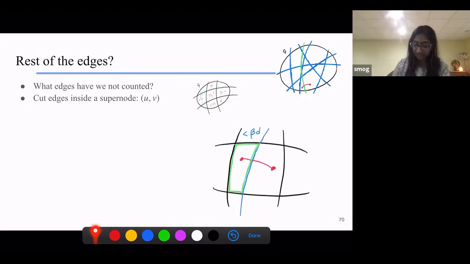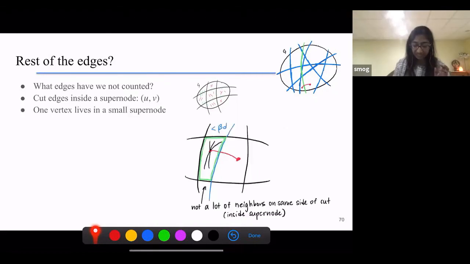This is because if both supernodes were of size greater than beta d, that's a contradiction, because we would have added this blue cut already to our set of disjoint cuts k. So we know that one of them must lie within a supernode of size less than beta d. And you cannot have many neighbors inside this new supernode, because there are only beta d vertices in that supernode. Therefore, we're going to say that this vertex is squished within this small supernode.